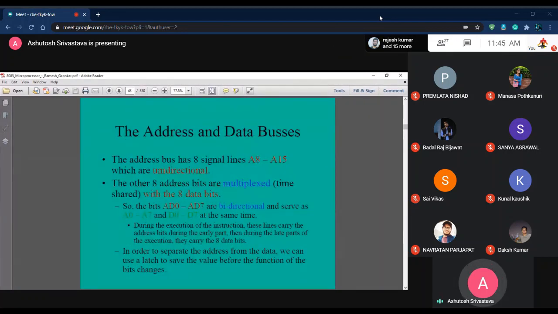So bits AD0 to AD7, which are pins 12 to 19, are bidirectional and serve as communication of the lower order address A0 to A7 as well as data D0 to D7.